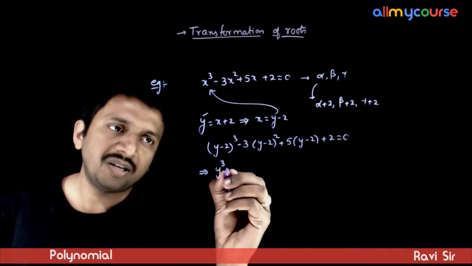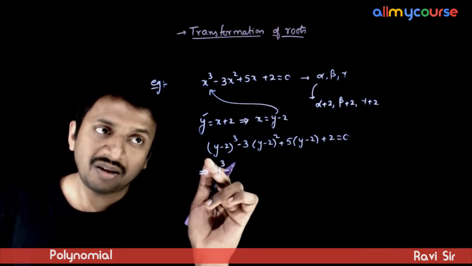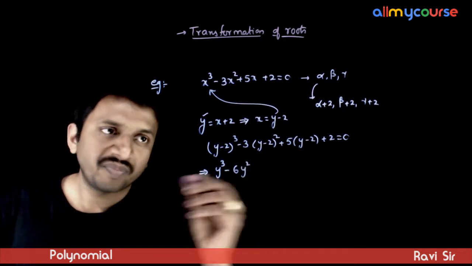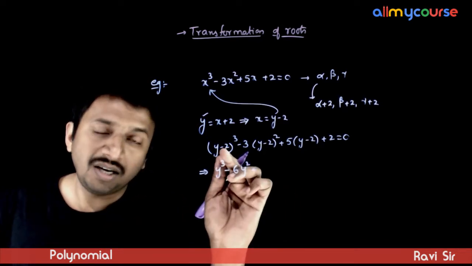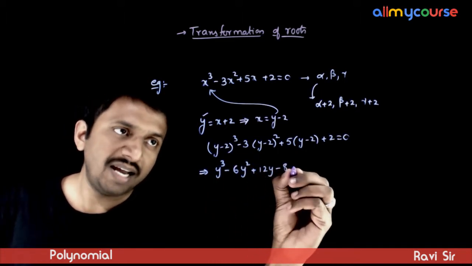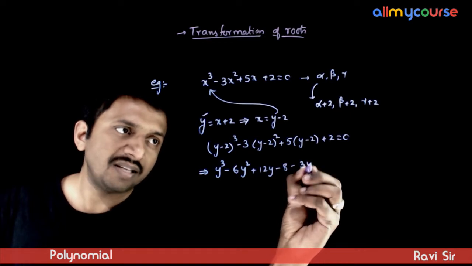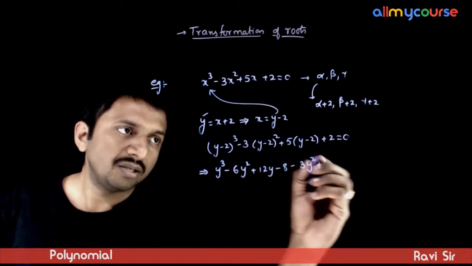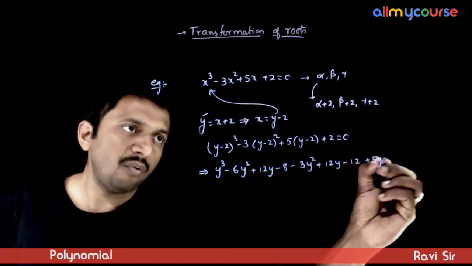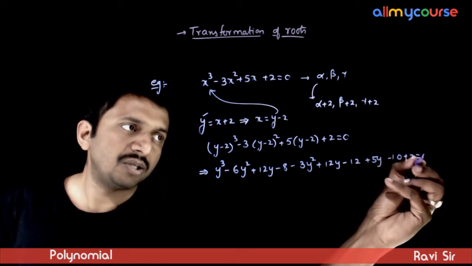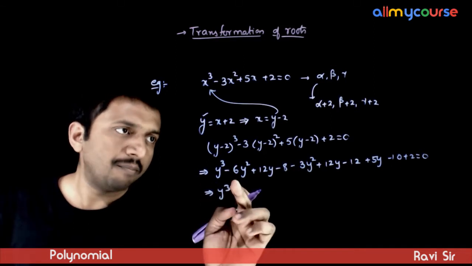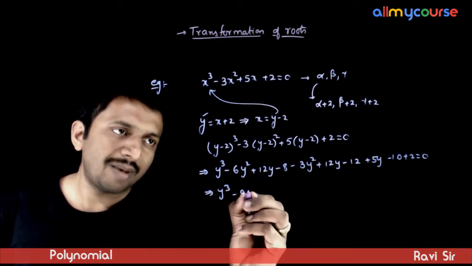So y cube minus 3y square times 2, that is 6y square, plus 3 into 2 square, 3 4s are 12y, minus 8, minus 3y square plus 12y minus 12 plus 5y minus 10 plus 2 is equal to 0. This implies y cube minus 6y square minus 3y square is minus 9y square.